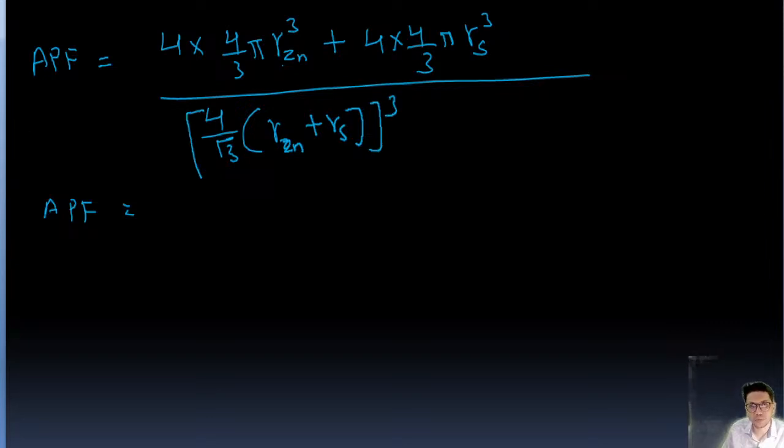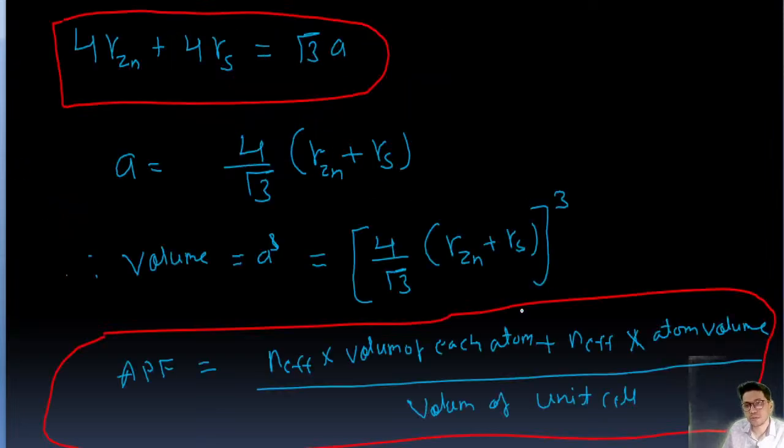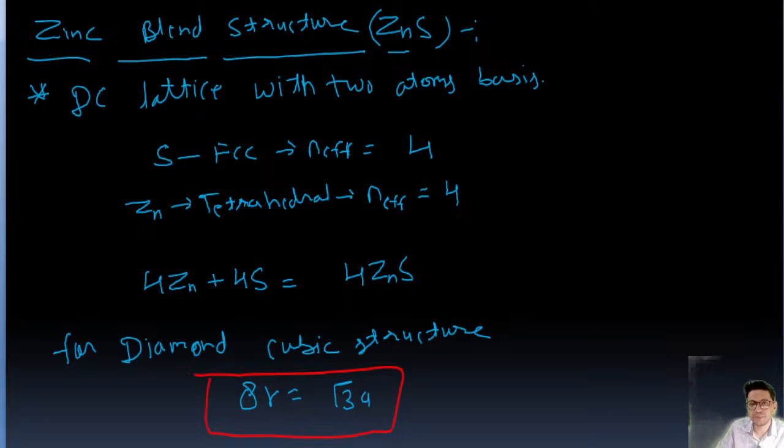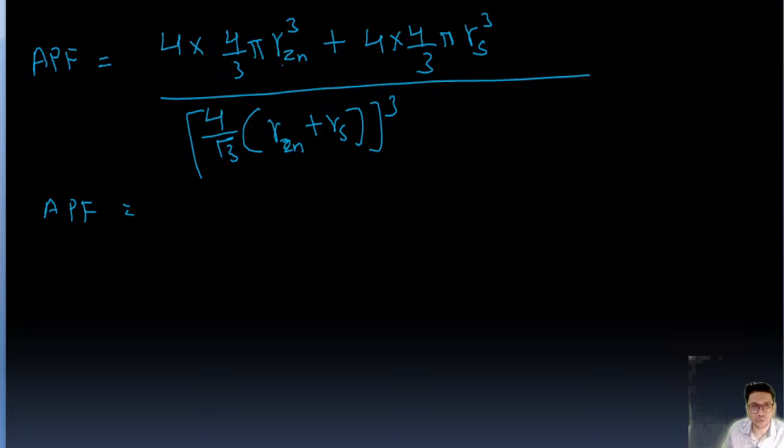This is whole cube. Okay. So we just need the effective atoms, right? So for S, the effective number of atoms is 4. For Zn, N effective is 4. Okay. So now we'll solve it, very easy.